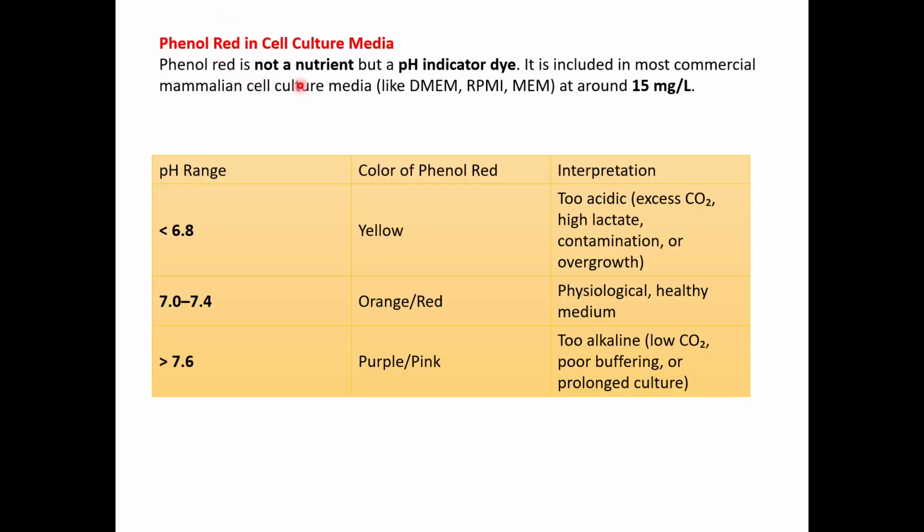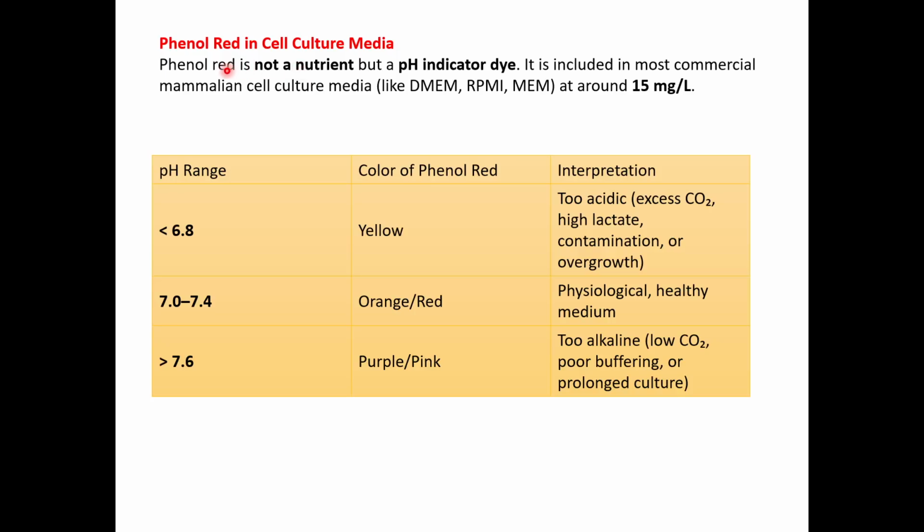So phenol red is a pH indicator dye, as I mentioned. It's not a nutrient. You can use a media even without phenol red if you don't really care about the pH or changes, or if you're quick enough to replenish your media before it gets acidic.